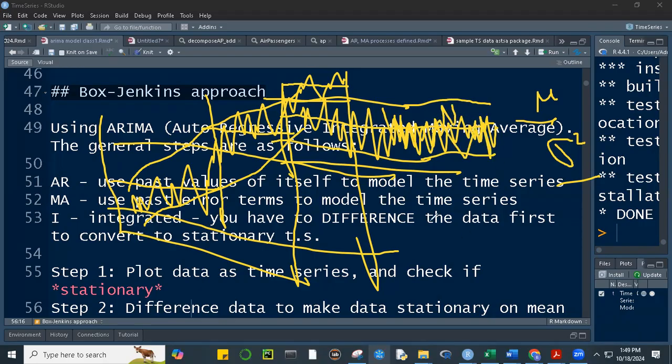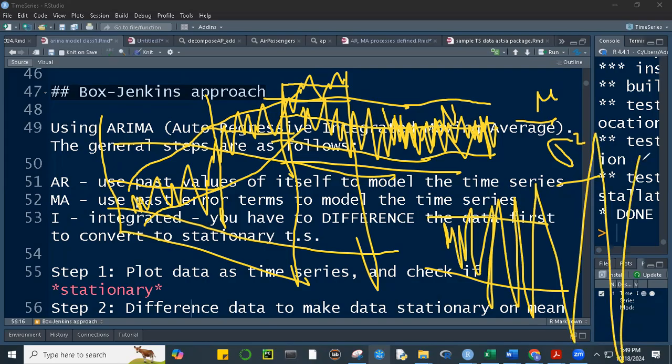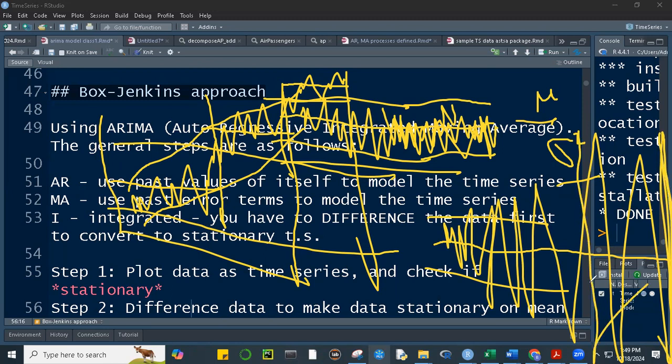However, if your data now behaves this way, take a look at this, class. The mean is constant, okay? No trend. At any point in time, even at this point, the mean is still this one, because you have high values here and low values, and they just even out.